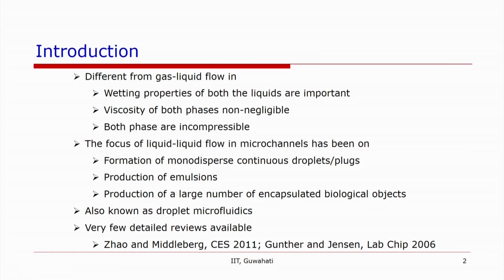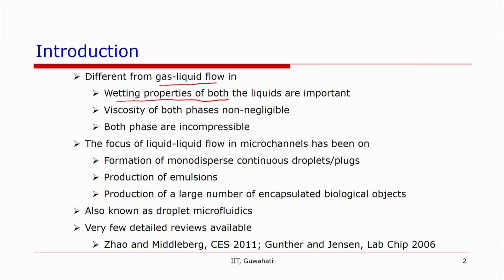Now, when we compare gas-liquid flow and liquid-liquid flow, there are a few differences. In liquid-liquid flow we have wetting properties of both the phases. So, there are more chances of formation of plugs. That means both the phases might be in contact with the channel walls.